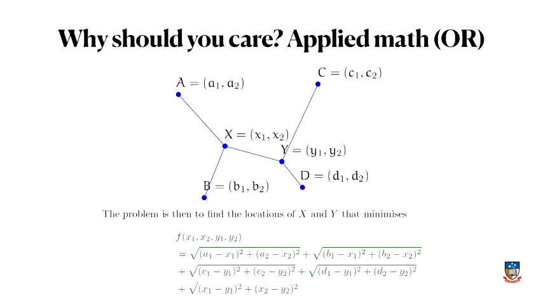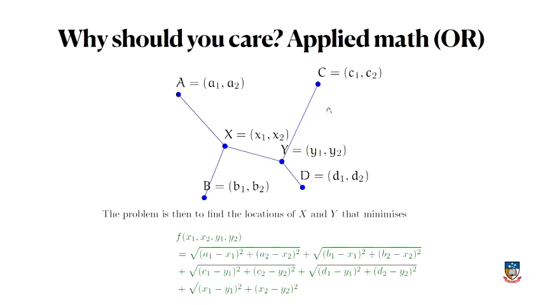So why should you care about this? Well, it turns out you should care about this for a whole range of reasons. This type of optimization comes up absolutely all over the place. So here's an applied math example. OR stands for operations research here, a particular branch of applied mathematics.